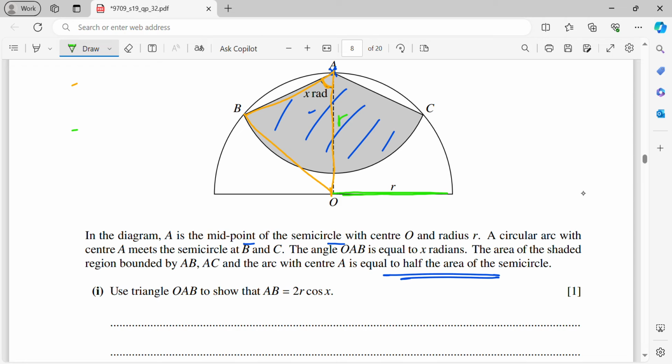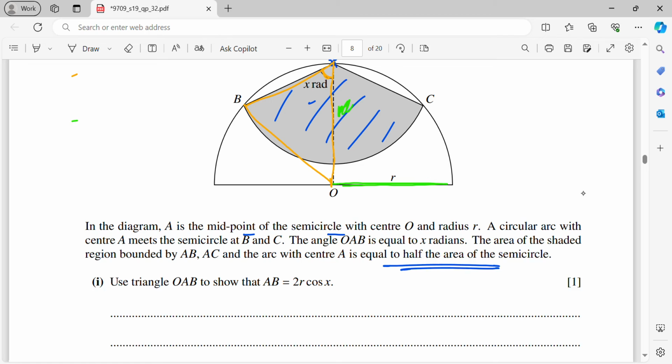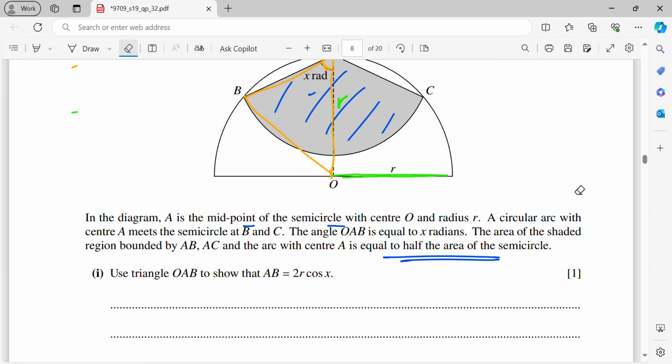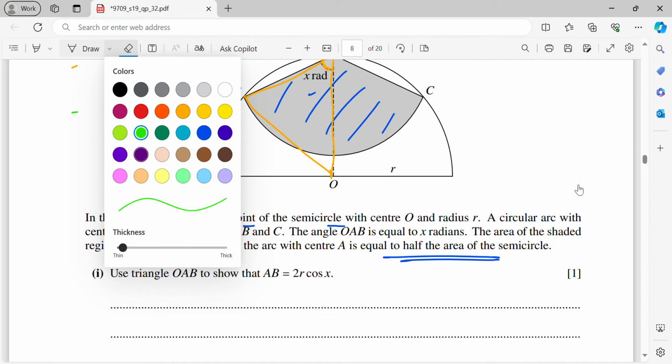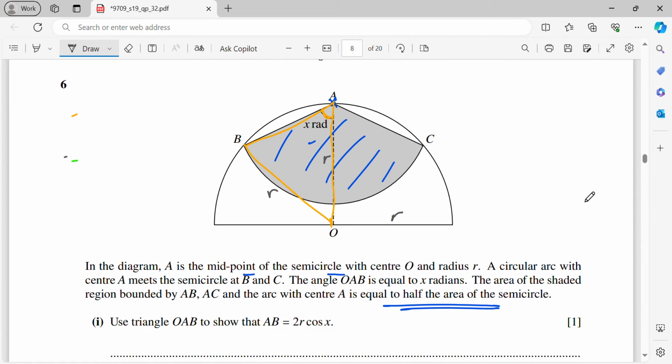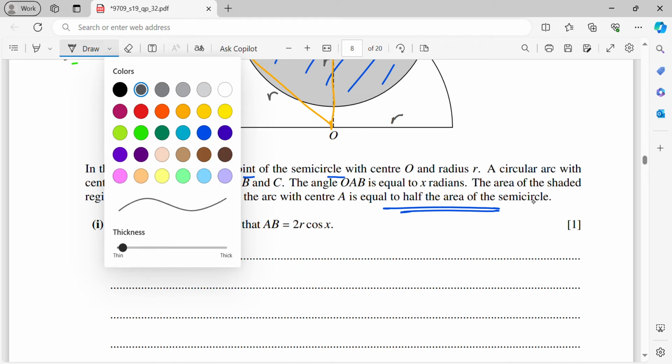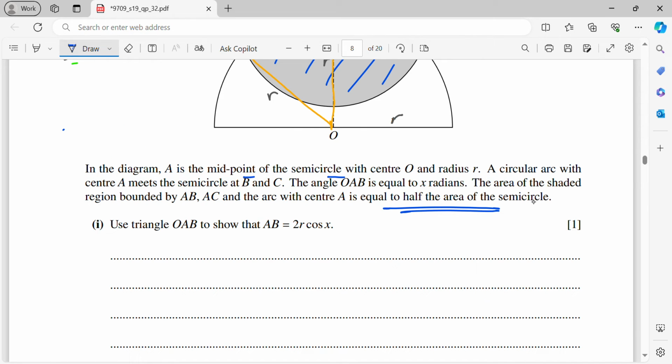Probably I will just use another color so you can see clearly. Here is r, this is r, here is also r. Since OA and OB are r, I will be getting the isosceles triangle. So when I draw it, basically it's like this.